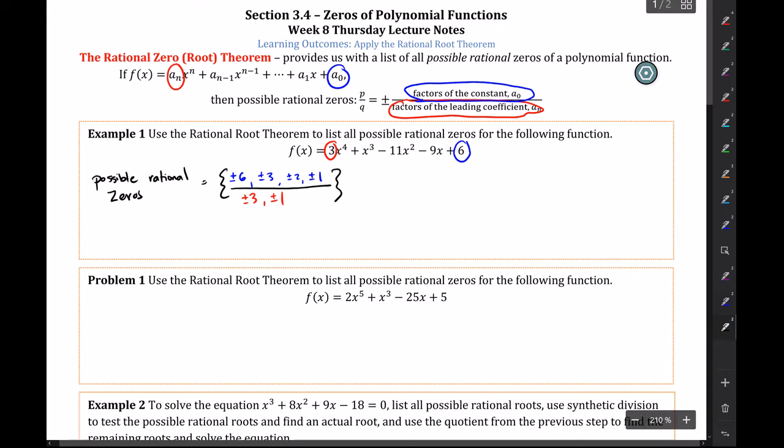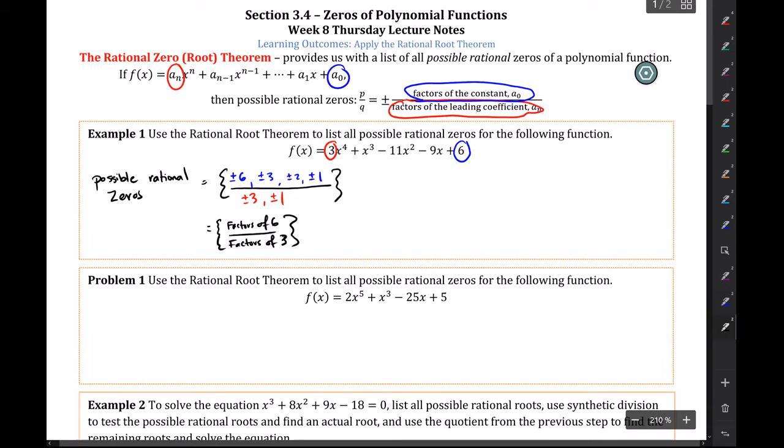Okay, so that's just a shorthand way of listing all those. And now I want to go through and actually figure out what those are. Let me just say that this is factors of 6 over factors of 3, which is another way of writing what I just wrote down.